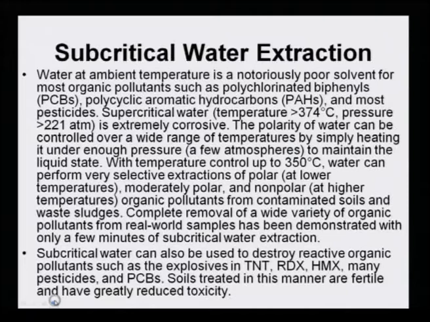With temperature control up to 350 degrees Celsius, water can perform very selective extractions of polar organic pollutants at low temperatures, and moderately polar and non-polar ones at high temperatures, from contaminated soils and waste sludges. Complete removal of a wide variety of organic pollutants from real world samples has been demonstrated with only a few minutes of subcritical water extraction.